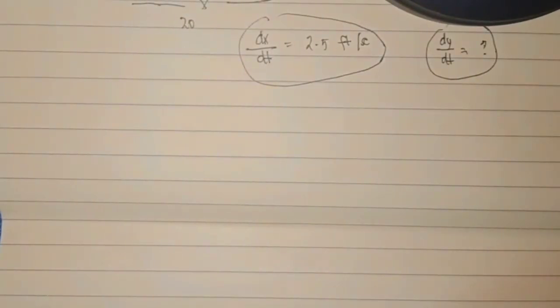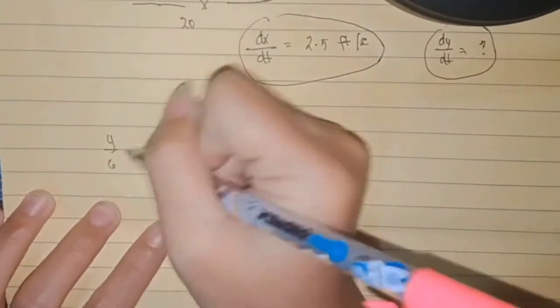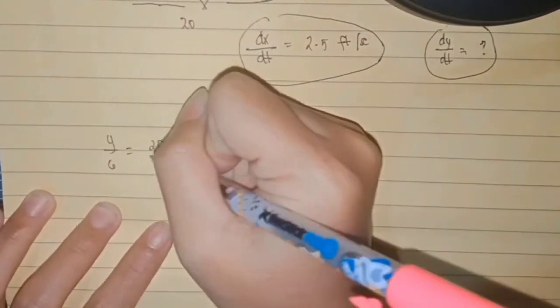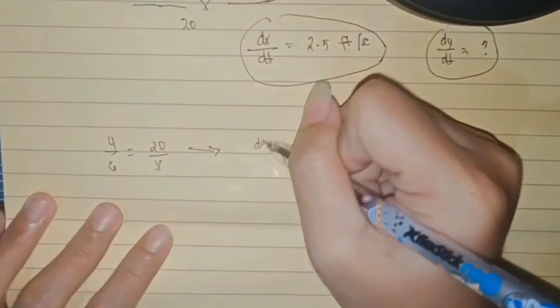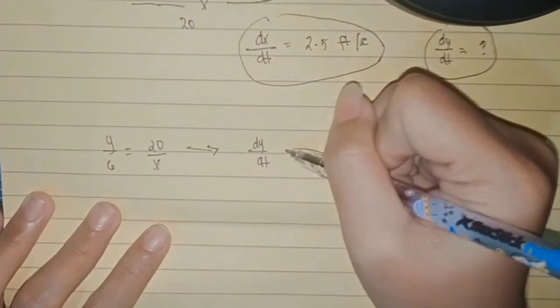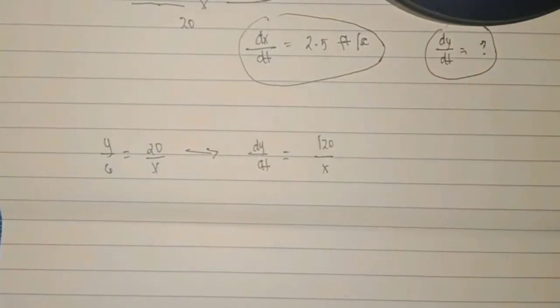Dito, pwede tayong gumamit ng equation that relates x and y directly from the two similar triangles. So, ang gagamitin natin na equation ay ito. Y over 6 equals 20 over x. Dito natin makukuha yung y is equals to 120 over x.